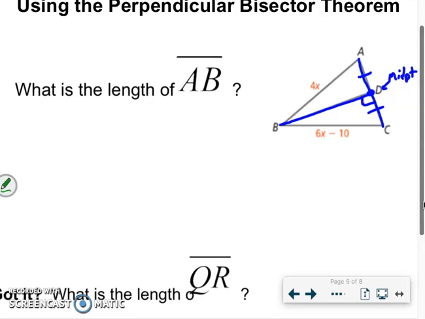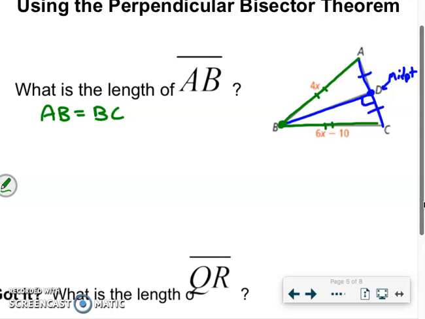What I know then, B is a point that is on that blue line. That means the distance from B to A has to equal the distance from B to C. So AB has to equal BC. Those should be equidistant. That would be our perpendicular bisector theorem.